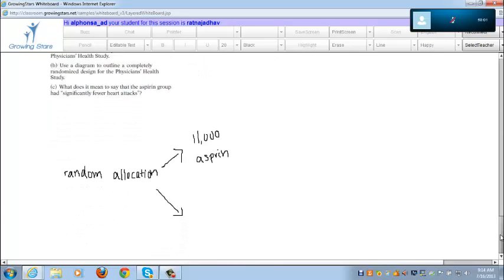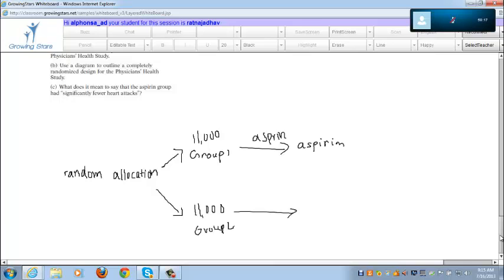You'll indicate the treatment later. This is group 1. This is group 2, 11,000. Then you'll apply the treatments. To one you will assign an aspirin randomly, and to another placebo. And then you will compare the number of heart attacks.